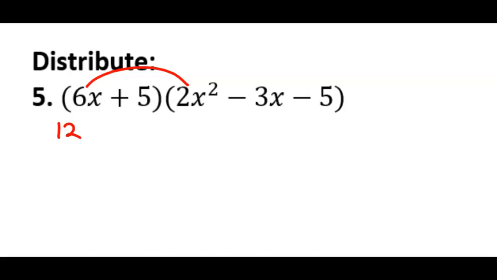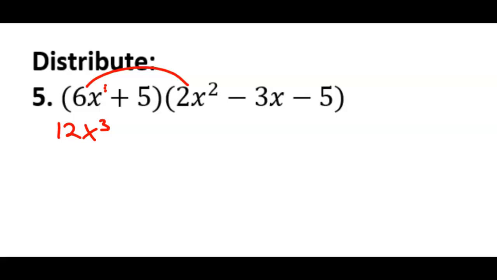X times x squared is? From chapter 7. X times x squared is? X to the 3rd. There's a little itty bitty 1 here. 1 plus 2 is 3.